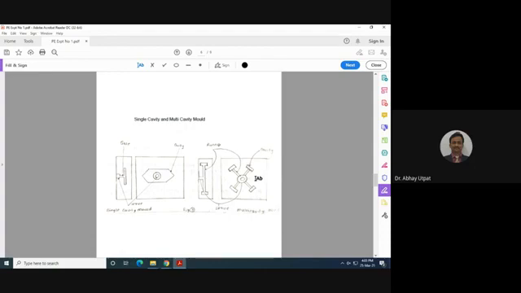If you see here in the right side figure, there is a multi-cavity mold. So this is a schematic diagram. This is one cavity, this is another cavity, this is the third cavity, and this is the fourth cavity. The screw is again perpendicular to the plane of paper. And then these are the runners. Runners are parallel to the plane of paper here.